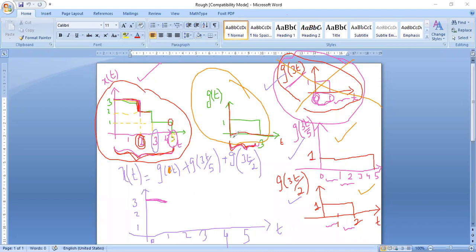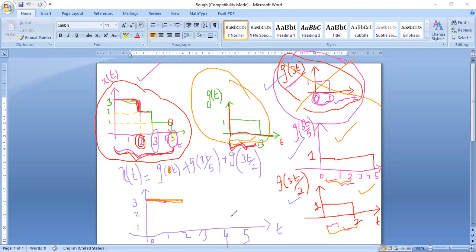From g of t, from 0 to 2 my amplitude is 1. In the second diagram also from 0 to 2 my amplitude is 1, and in the third diagram also it is 1. Now tell me, from 0 to 2, what is the total amplitude? 3, right? So now I feel I am on the right path.